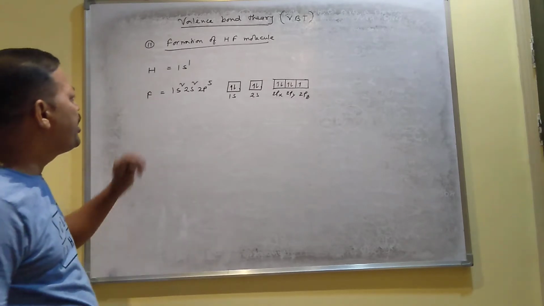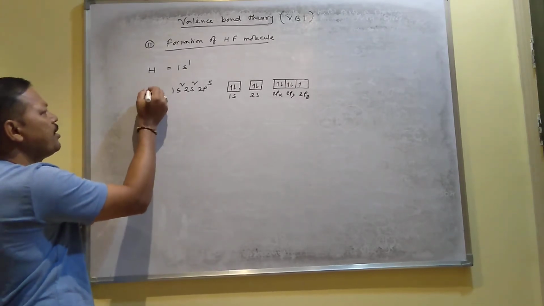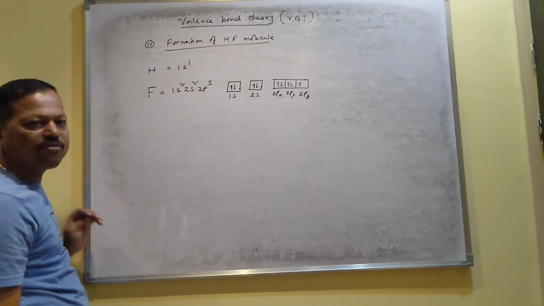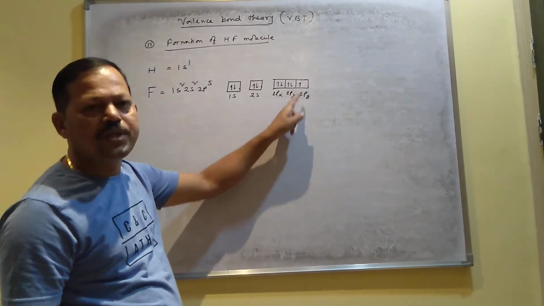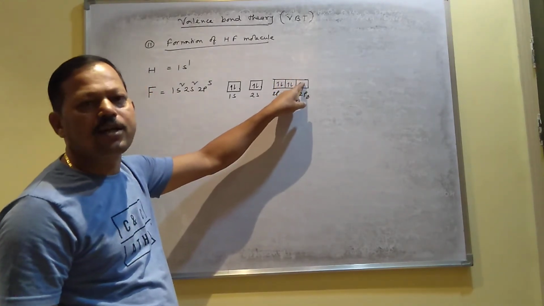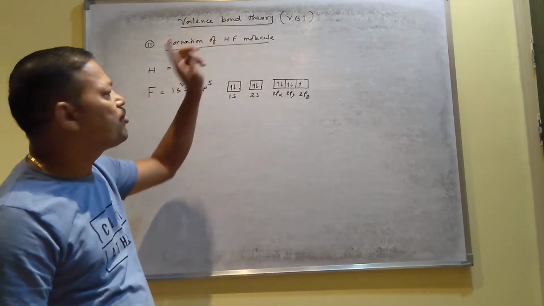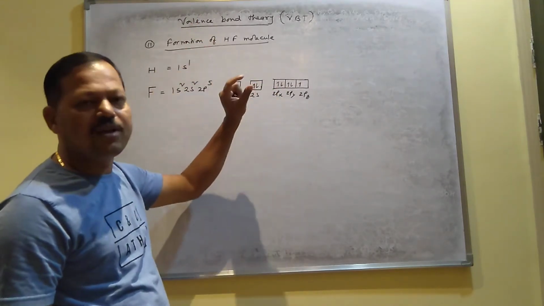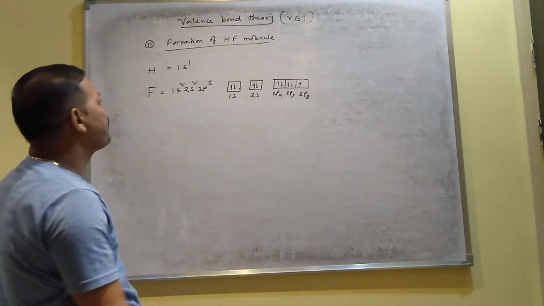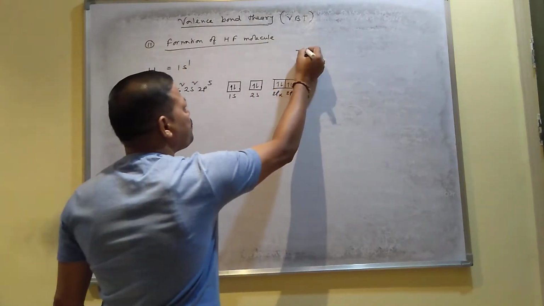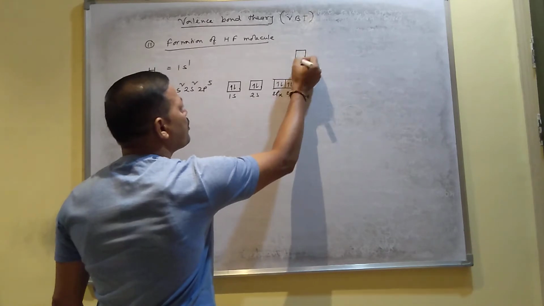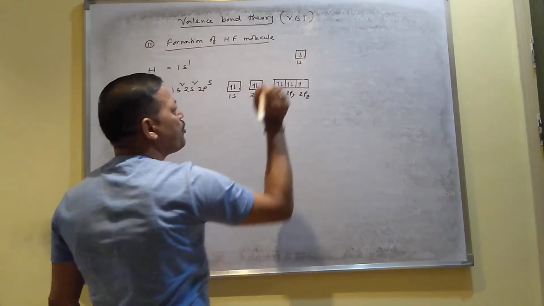So in the fluorine configuration, you have seen which is the half-filled orbital, the last one, 2pz, and this orbital can undergo overlap. Other orbitals cannot undergo overlap because they are full. According to valence bond theory, only half-filled orbitals undergo overlap. And hydrogen contains 1s1, so this is 1s1 for hydrogen.